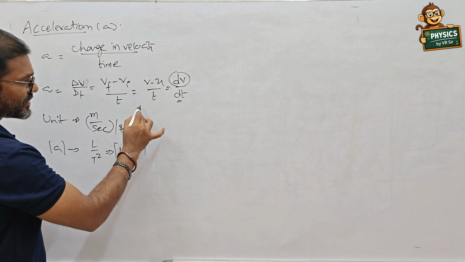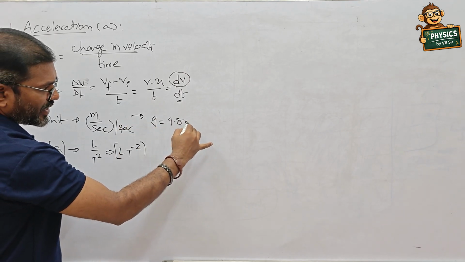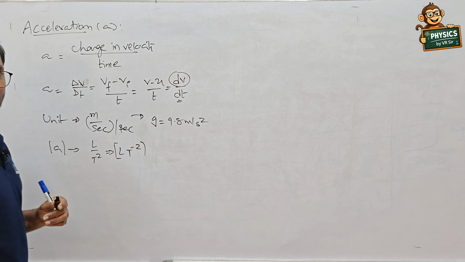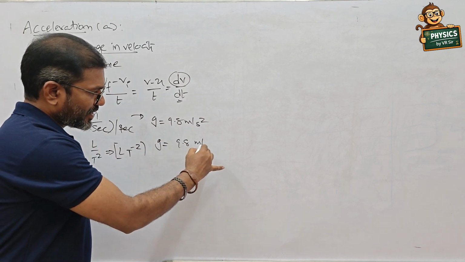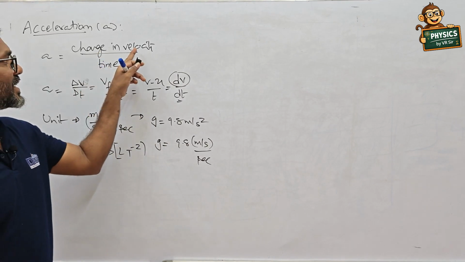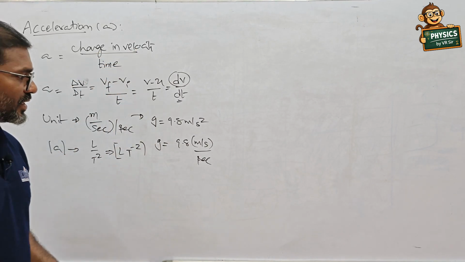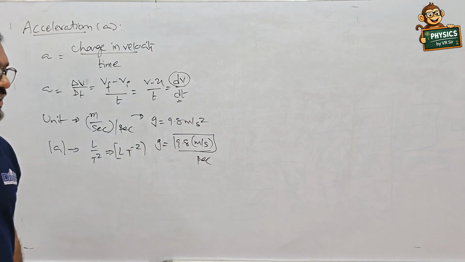Now, let us understand this. Suppose acceleration due to gravity is 9.8 meters per second square. That we know, right? This can be written as 9.8 meters per second per second. So, look at the definition: there is a change in velocity for every second. Then, how much is the change in velocity for every second? 9.8 meters per second.